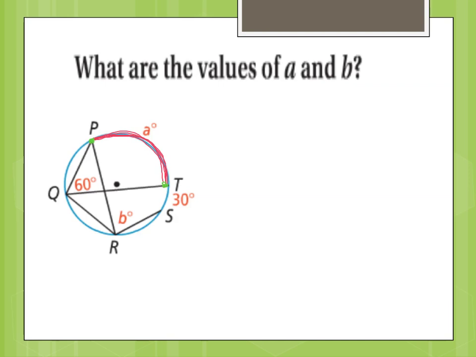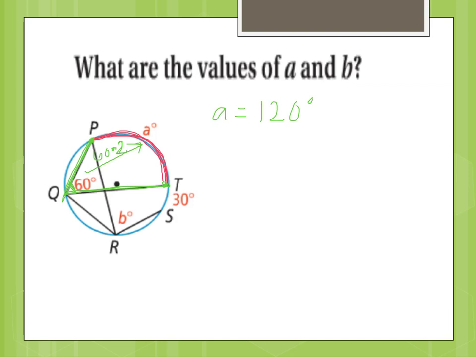Here's the angle that I'm going to use to help me figure out the arc. Now if this is half the measure, that means the arc is double. So I can do 60 times 2. So A is going to be equal to 120 degrees, because when I have the angle, I'm always going to multiply that by 2 to get the arc.